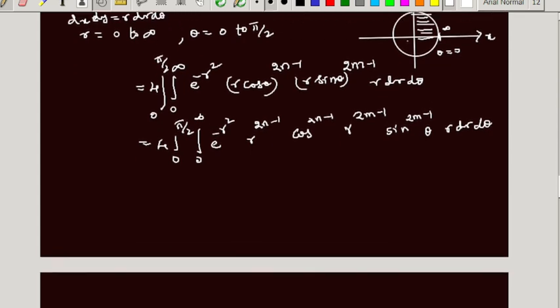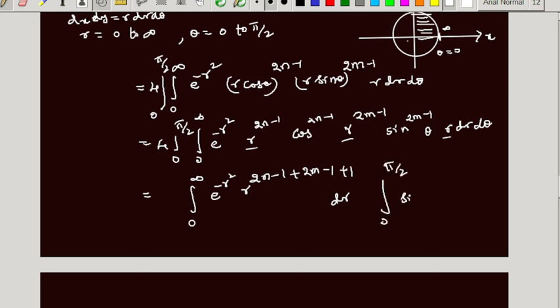Now we write r together, integration 0 to infinity e power minus r square, r power 2n minus 1 plus 2m minus 1 plus 1. And we write the theta part now, theta is 0 to pi by 2 sin power 2m minus 1 theta cos power 2n minus 1 theta d theta. Here 4 is there, we write it as 2 into 2.